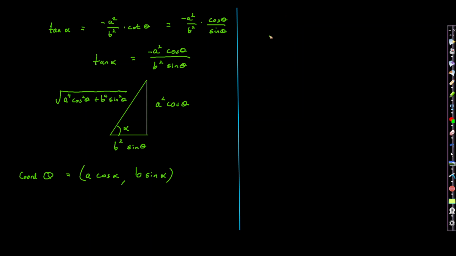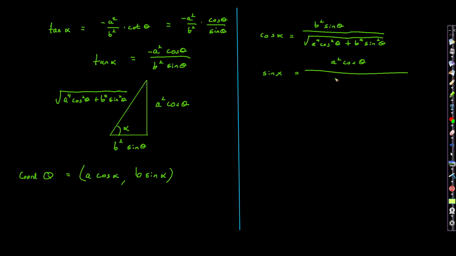Okay, so what we can say then is that the cosine of alpha is equal to the adjacent over hypotenuse and the sine of alpha would be this a squared cosine theta over that same denominator.